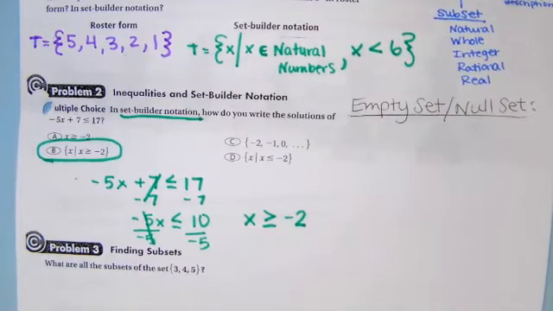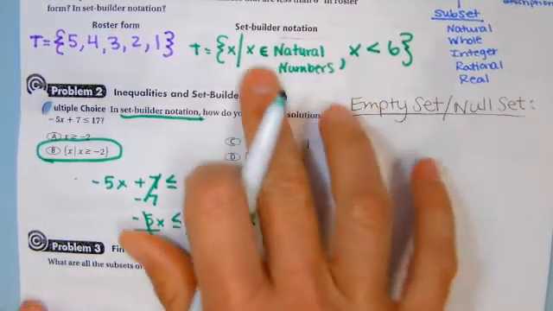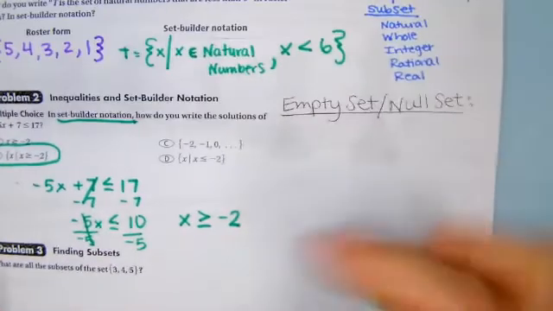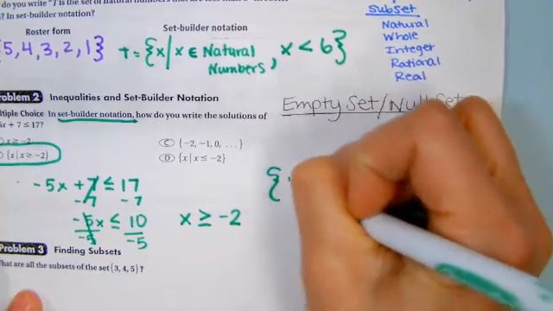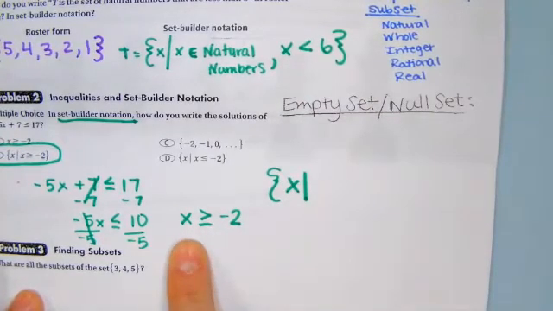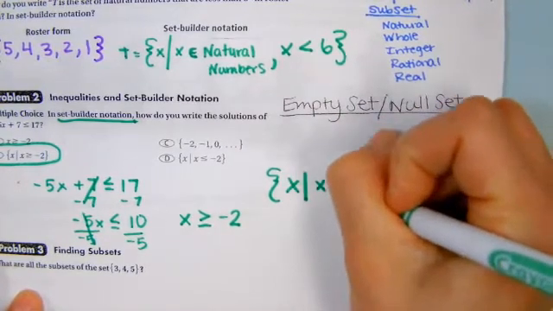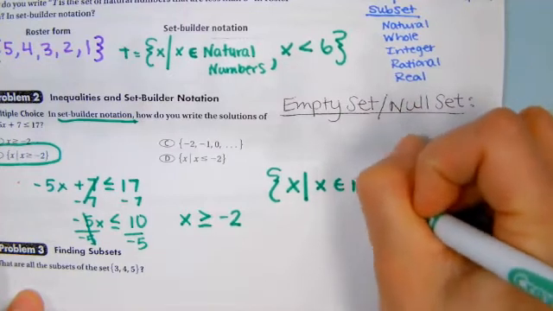Okay? Now, to be technically correct, I just want to say that usually they list what it is. So it really would look like this: x, and then if it's not listed, you assume it's part of the real numbers. You would say x is an element of the real numbers.